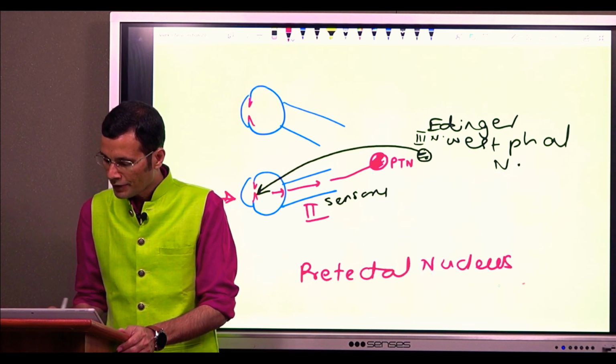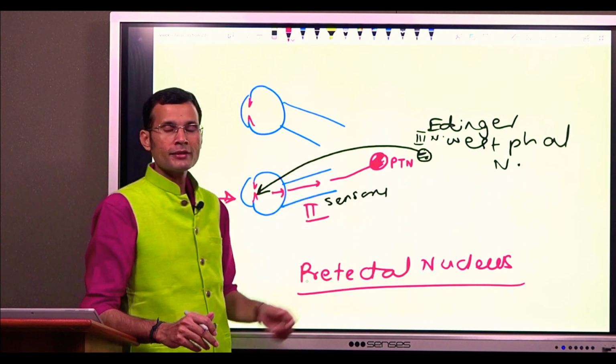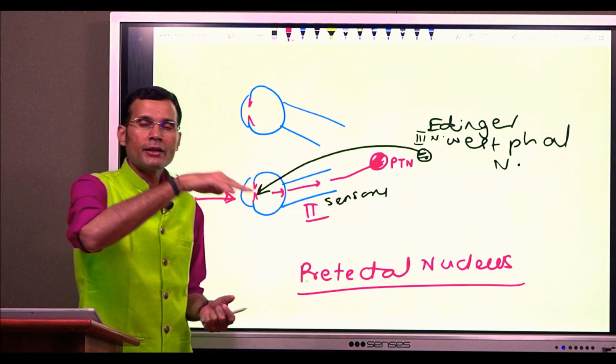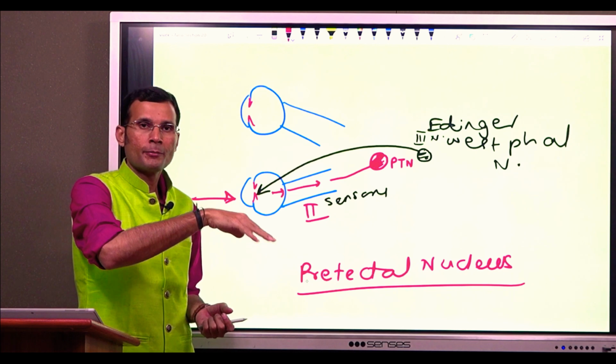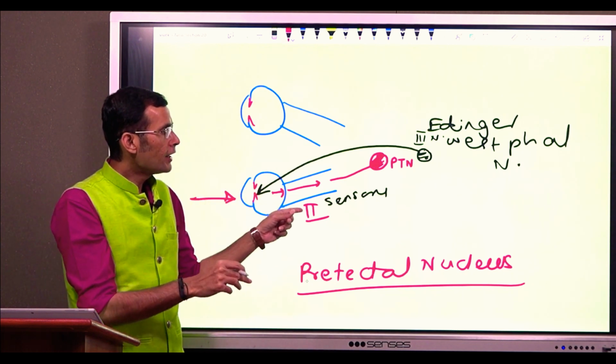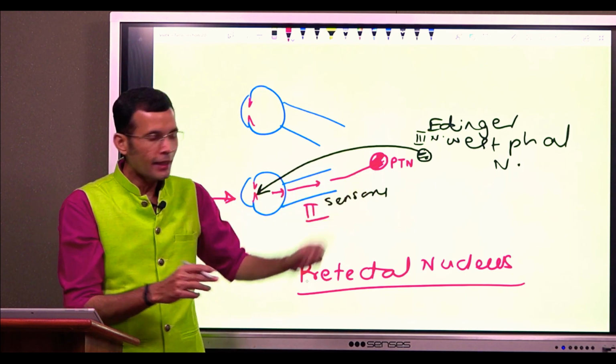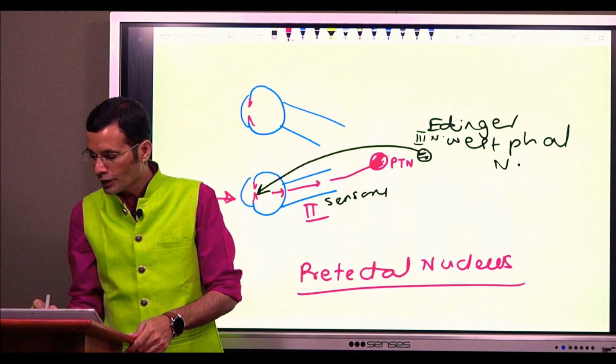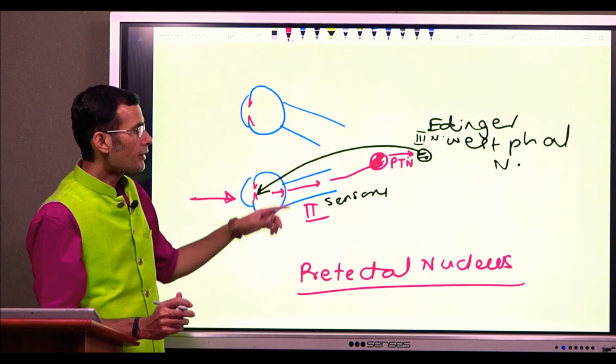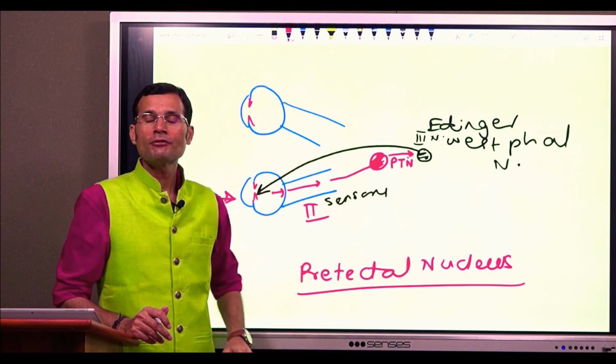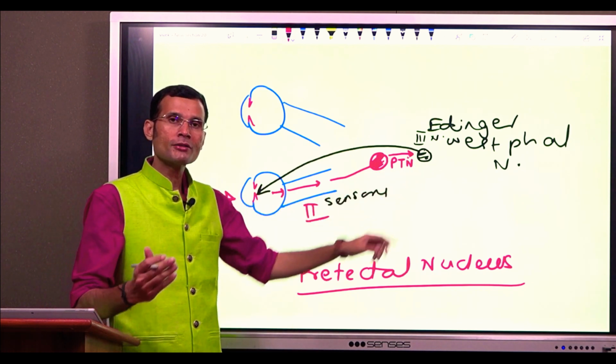Look, in the midbrain region, this nucleus is present. In fact, you know, tectum is the roof of the midbrain. So, the second cranial nerve passes the impulse to the pretectal nucleus. The pretectal nucleus sends that to the third nerve nucleus, Edinger-Westphal nucleus, which will come back.